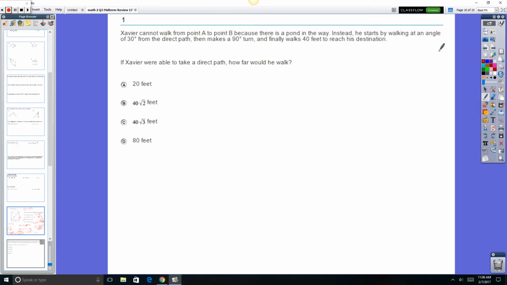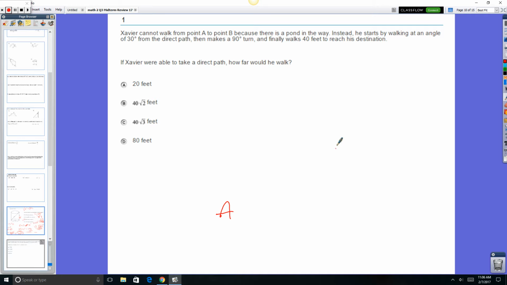Xavier cannot walk from point A to point B because there's a pond in the way. So if we go A, B, with some pond in the way, instead of walking straight from A to B, he is going to walk at an angle of 30 degrees from the path.